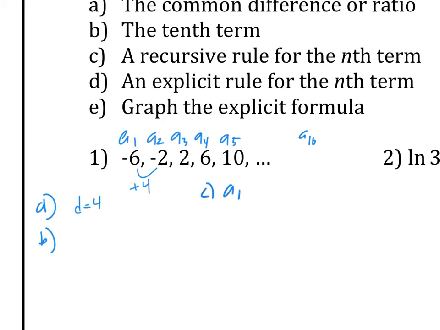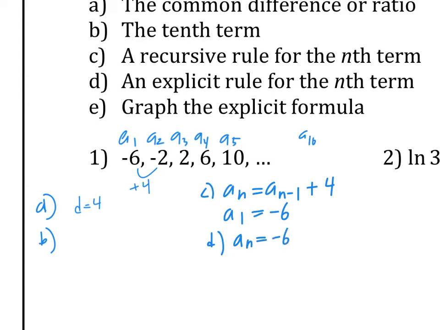So recursive formula is going to be take the previous number and then we're going to add 4. Then remember the second part is you got to tell me what A1 is, and in this case it is negative 6. Okay, so that's part C. Part D, explicit formula. Explicit formula is going to be an equals to the first number.